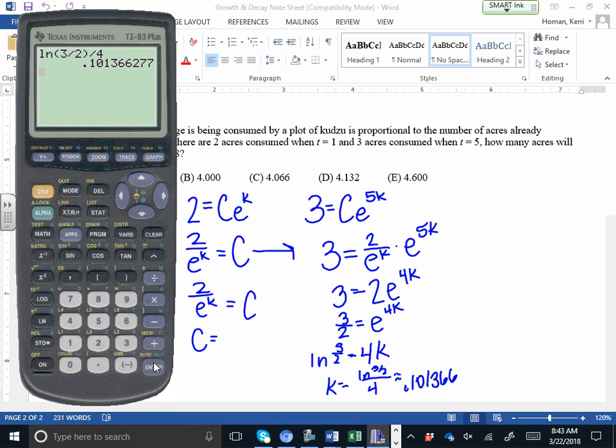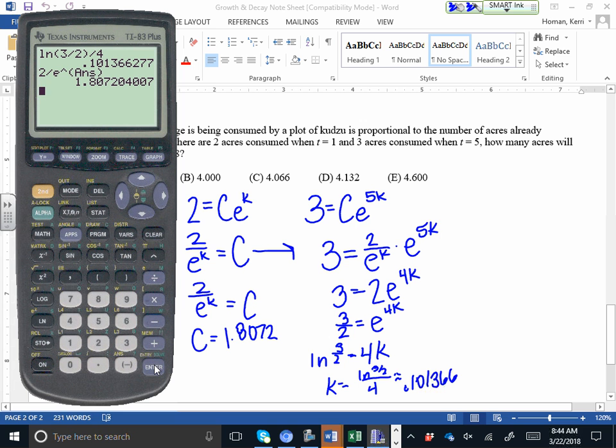Okay. So for C is 2 divided by e to the k. I would just call up that answer. All right, so you don't have to type it in. And our C value is 1.8072404. Okay.